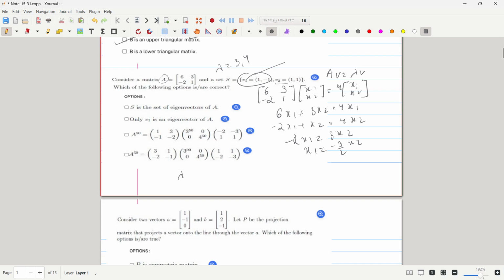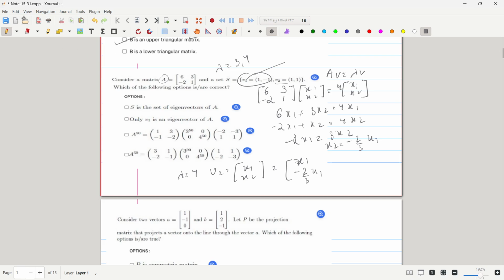Again, for lambda is equal to 4, the eigenvectors will be x1 and x2. Better to write in terms of x1: x2 is minus 2 by 3 times x1. So x1 and in place of x2, I can write minus 2 by 3 x1.